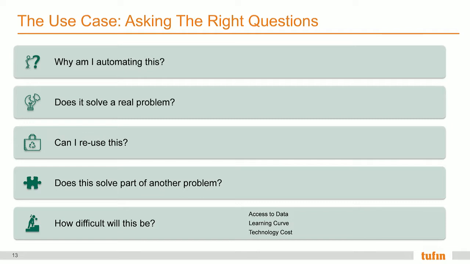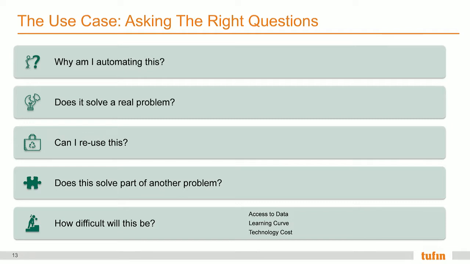And ask this simple question: why am I automating this? Is it solving a problem that I have, that others have? If I commit to this level of work, can I reuse this in another project? Can I use this in a larger orchestration play?